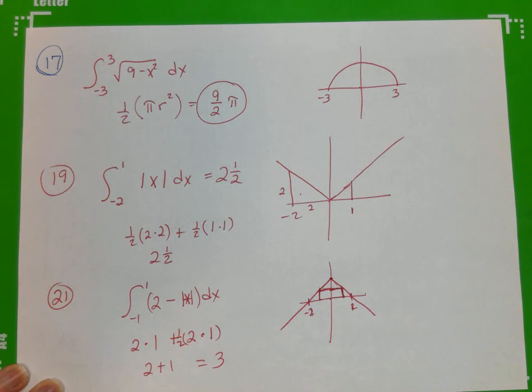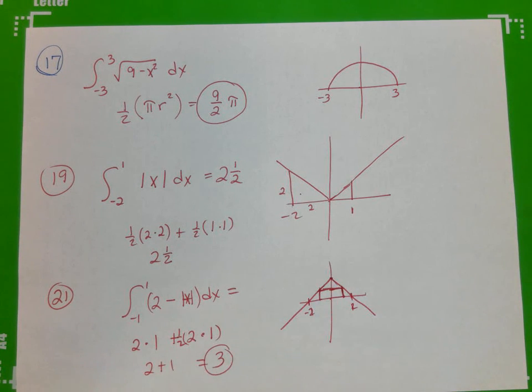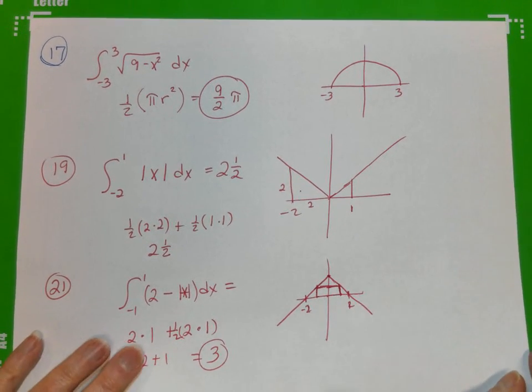I see an area of 3. You see, by taking it apart and looking at it as parts of objects we already know, it makes finding the area much easier.